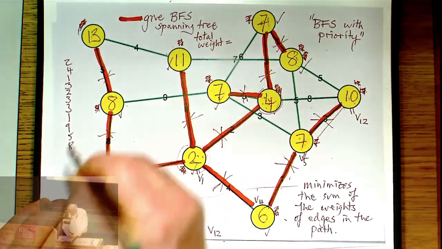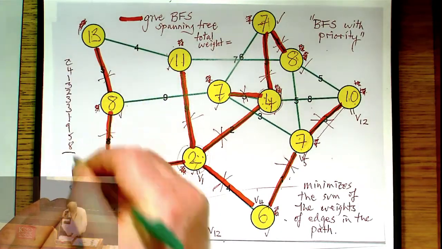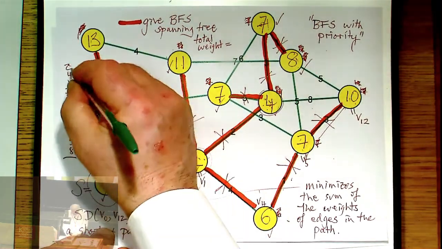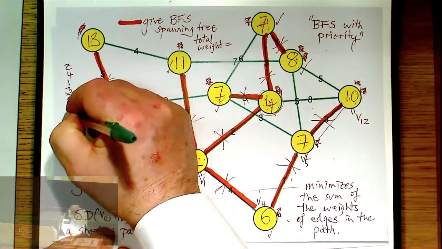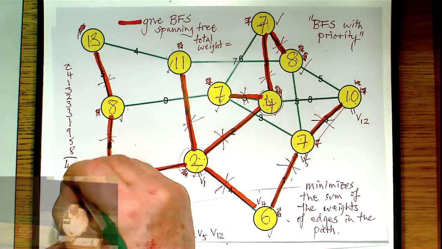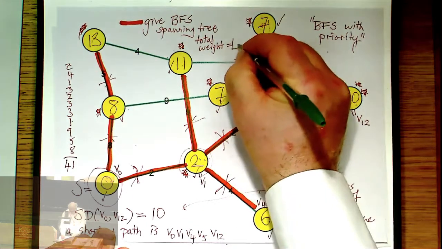Is that 11? Okay, add those up, and the total is 7, 10, 15, 18, 19, 28, 33, 41. Okay? So the total weight is 41.